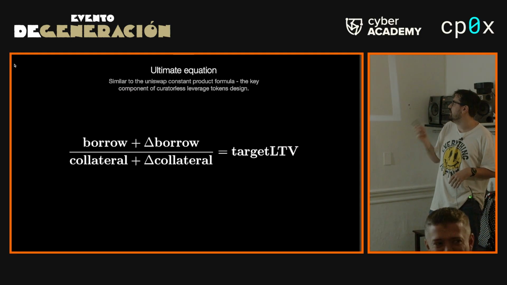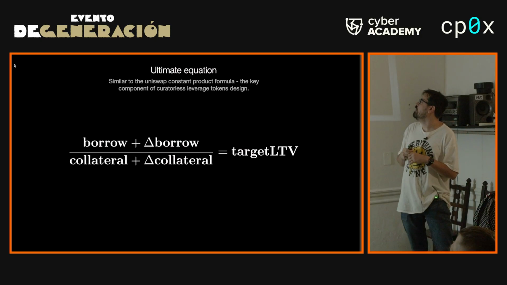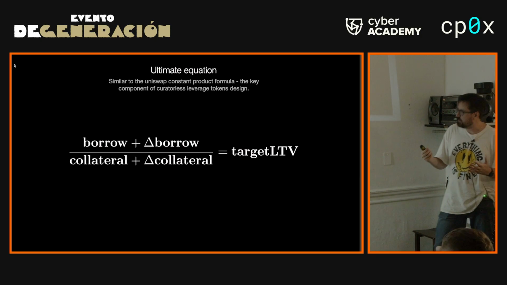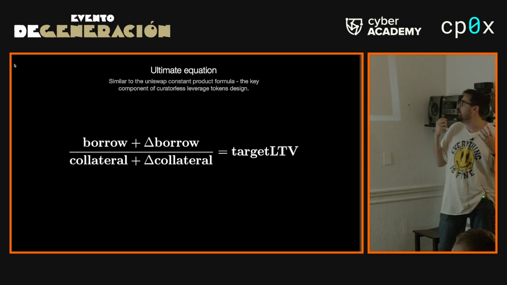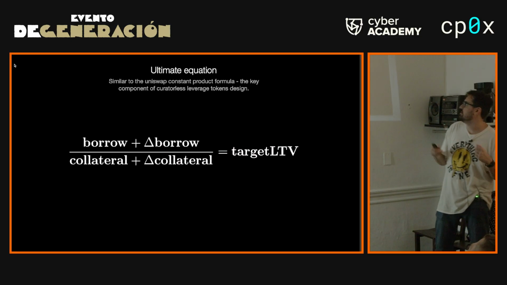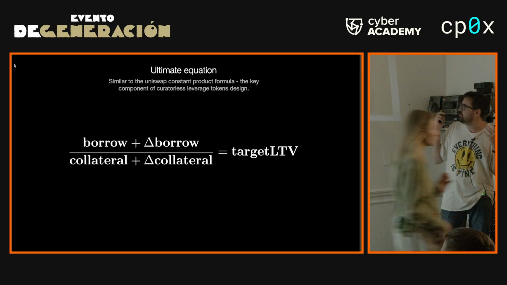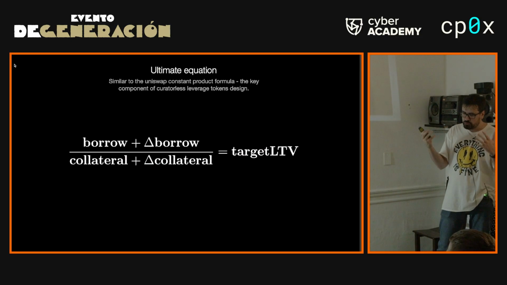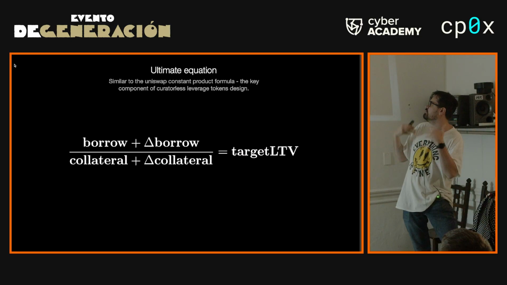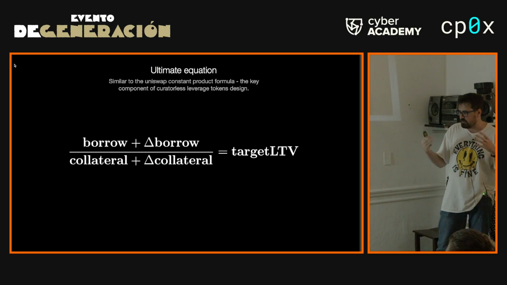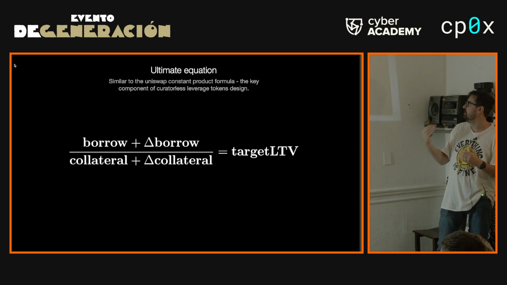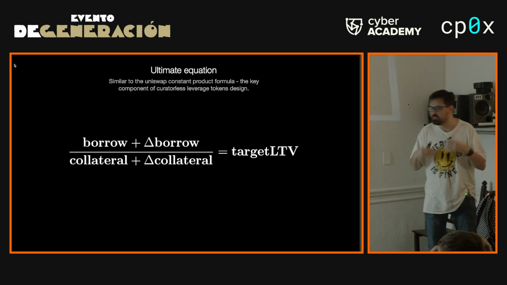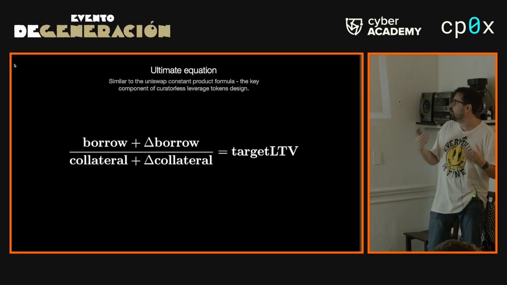So, look at this ultimate equation. In Uniswap, they have the constant product formula. In our case, we started thinking about leverage as our target LTV formula. So the idea is defined: when you put some borrow token or collateral token into the vault, we need to make some decisions on the smart contract level to rebalance vaults themselves, to put some incentives to rebalance vaults.